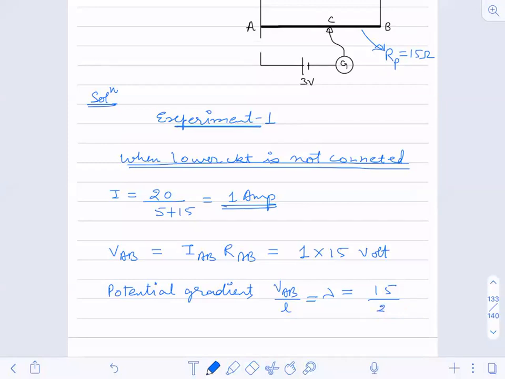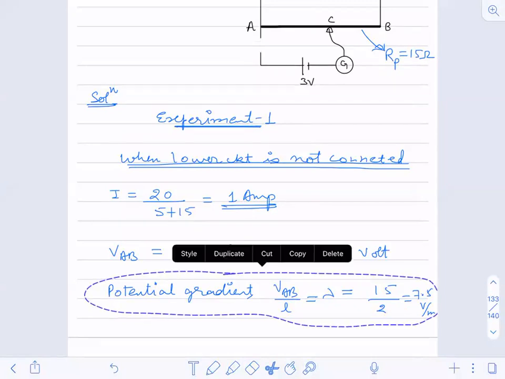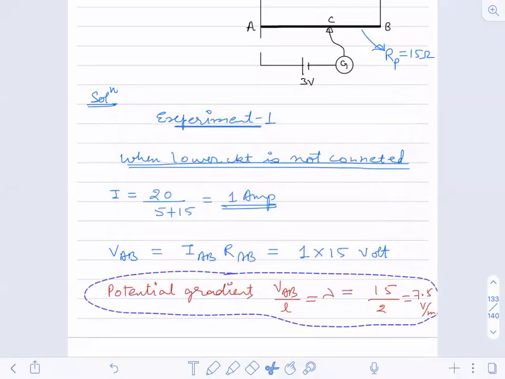This becomes 7.5 volt per meter. So 7.5 volt per meter is one answer.